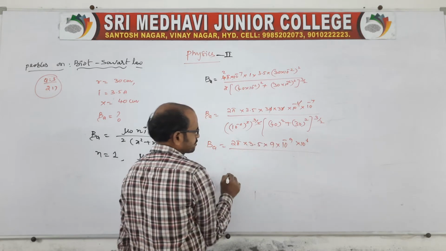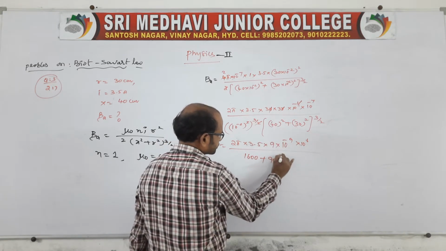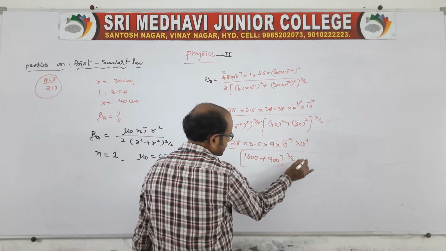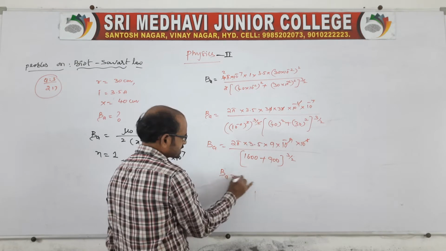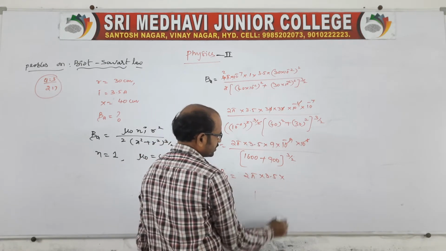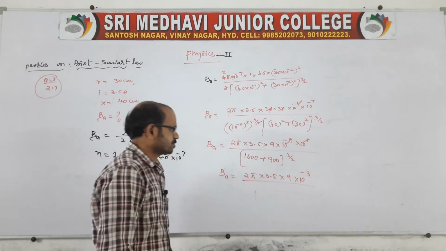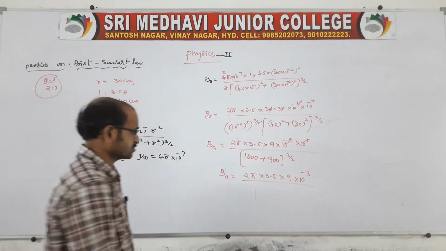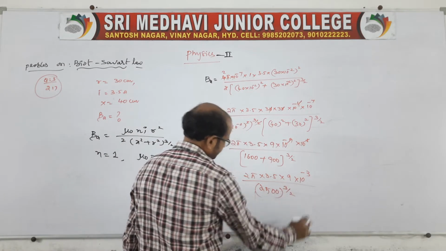This will be 1600 plus 900 whole power 3 by 2. Again you cancel here. So on the axial line, 2 pi into 3.5, 9 into 10 power minus 3 by 1600 plus 900, which becomes 2500, right? Whole power 3 by 2.